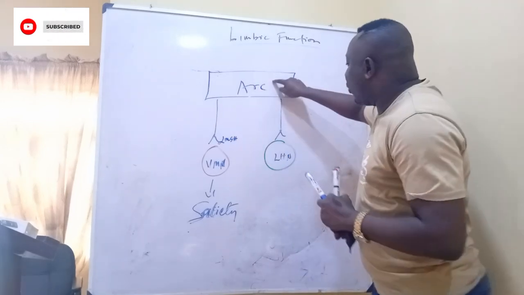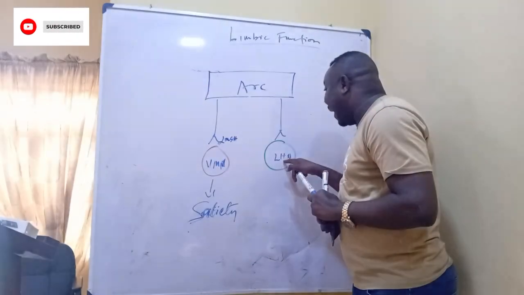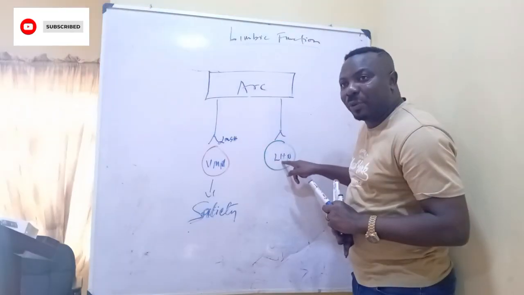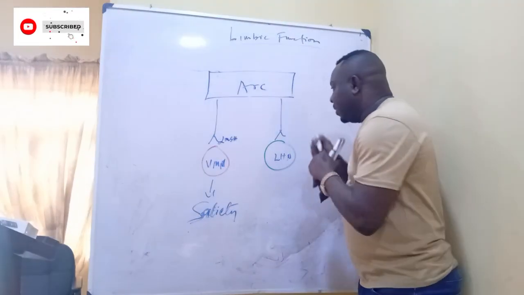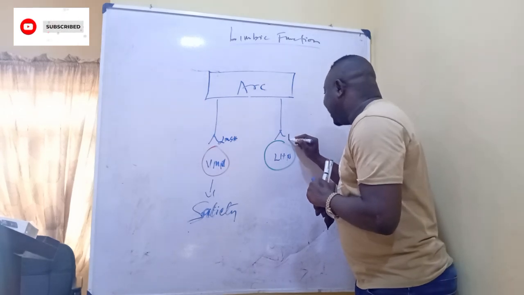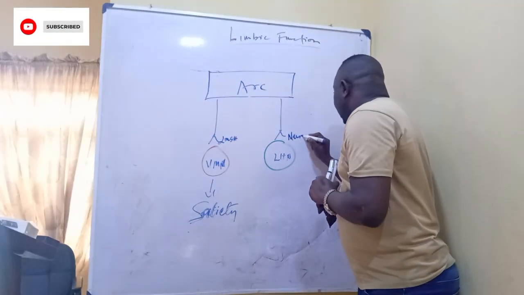Now, the arcuate nucleus also stimulates the lateral hypothalamic nucleus by releasing neuropeptide Y, right?